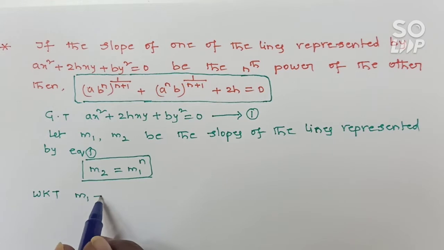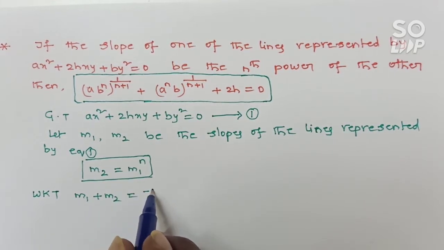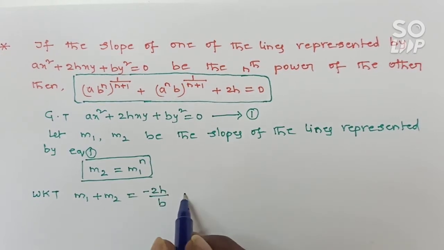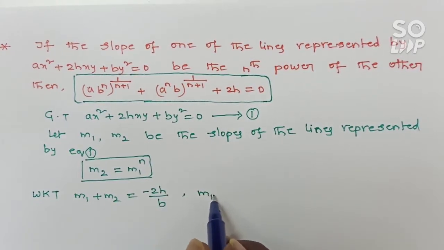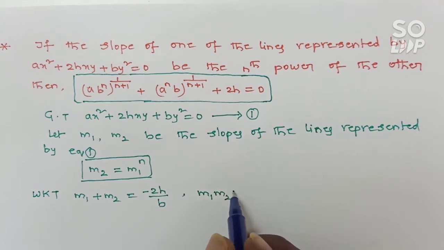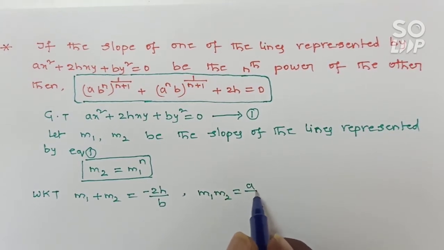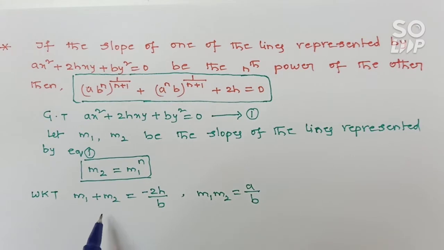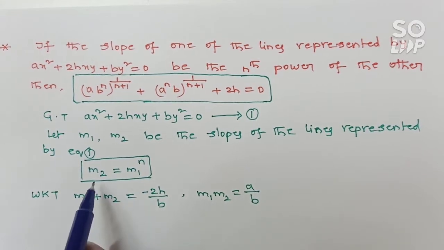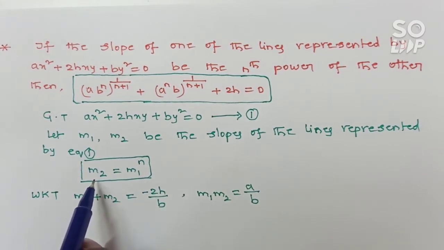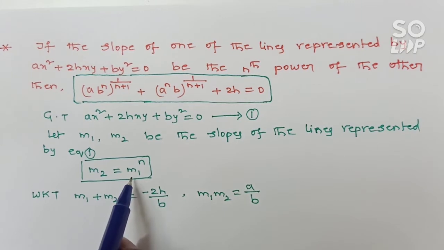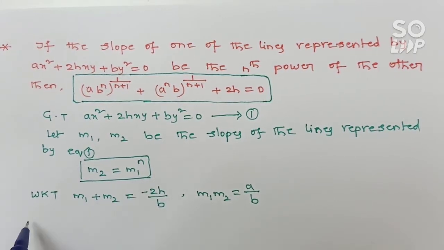We know that m1 plus m2 equals minus 2h by b, and m1 into m2 equals a by b. Already we know these two results. Now according to the given condition, m2 equals m1 whole to the power of n.